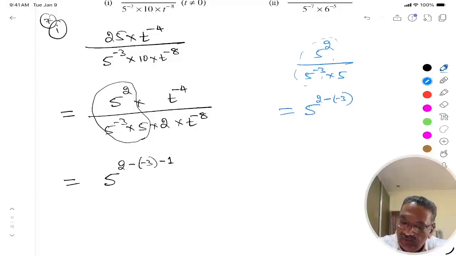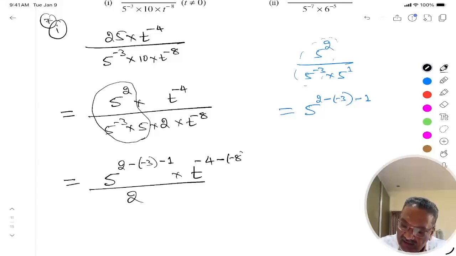There is into 5 here, so when this goes up it becomes minus 1. This is 5 to the power of 1. So this becomes 5 to the power of minus 1 into divided by 2, as it is here. Next we will take t to the power of minus 4 minus minus 8. When a denominator goes up, it becomes plus.